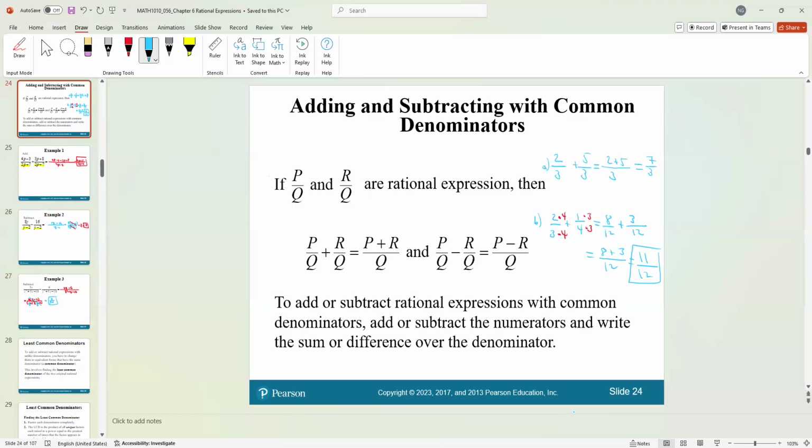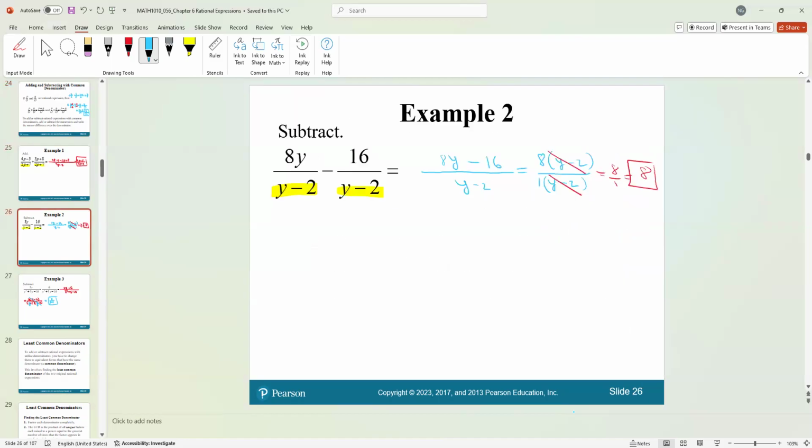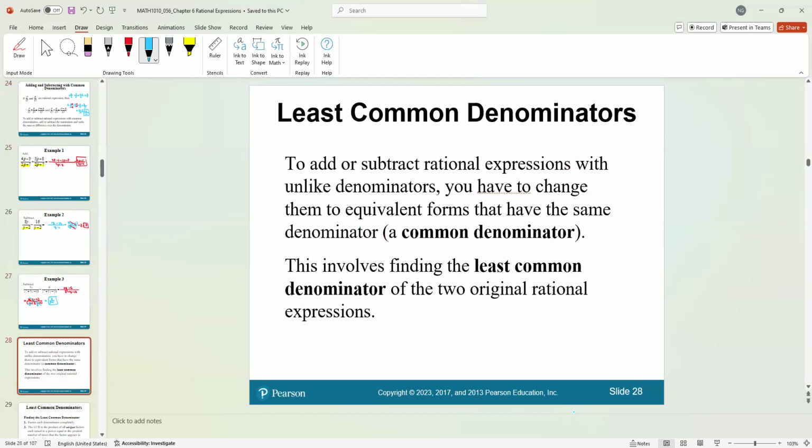But remember for the fractions of real numbers, we need to make sure to find the LCD, the least common multiple. What number can divide both? That's exactly what we're going to do here: identify the least common denominator of rational expressions.